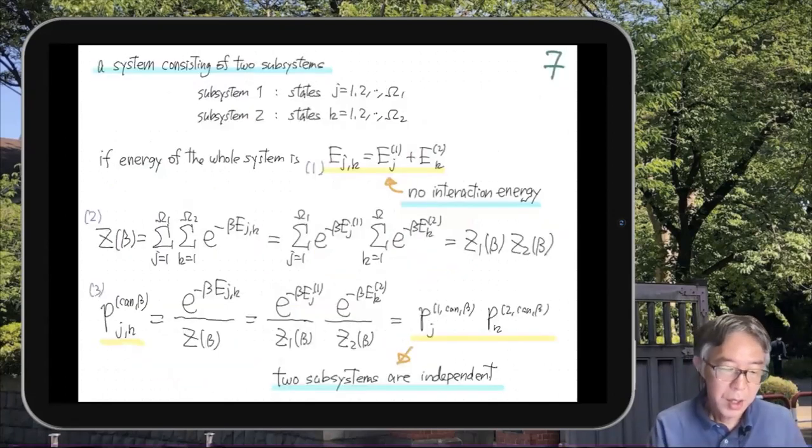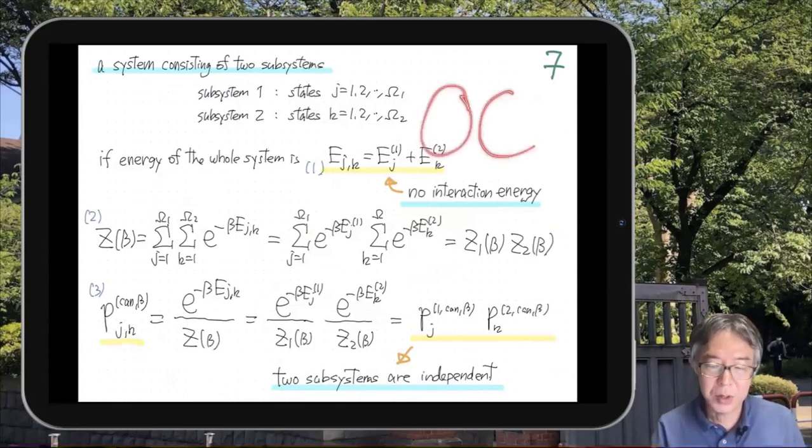Okay. And here's a simple observation about a system consisting of two subsystems. Consider a physical system consisting of two subsystems 1 and 2, and denote the microscopic states like this. Then the microscopic state of the whole system is characterized by the pair jk.